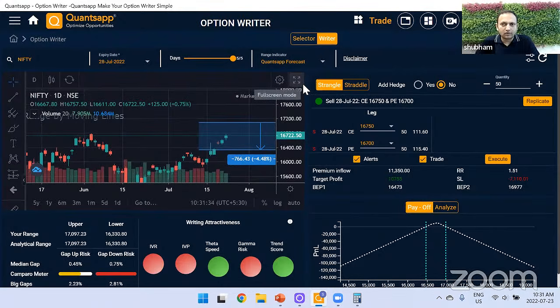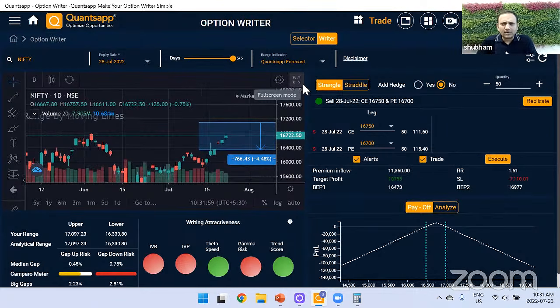We have been using it for over 10 years now. 10 years back, I coded this algorithm for our team, and gradually it has been improving. Historically, we have seen that doing something like this could give you up to 84% strike rate, right? So that's a significant jump from 66% all the way to 84% by just adjusting for the trend inside the underlying.